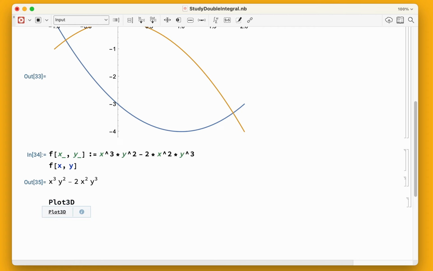This function, x cube y square minus 2x square y cube, is a function of x and y. Now we have to plot it along with the x, y and z axes, and that will be something like this: f(x, y), and then we have ranges. x I will take the same as before, -1 to 2. Now what should the y range be?